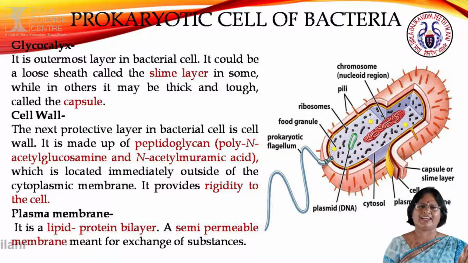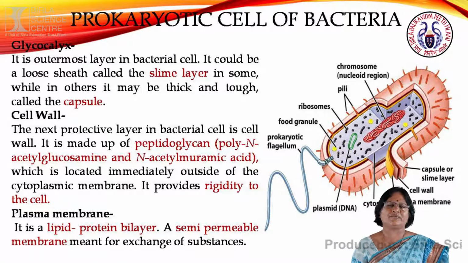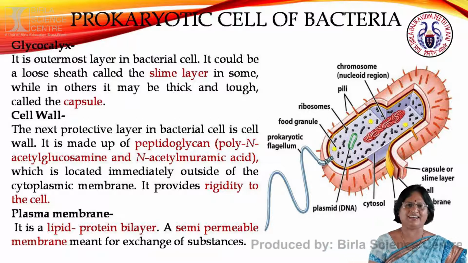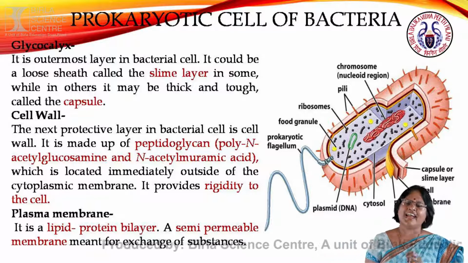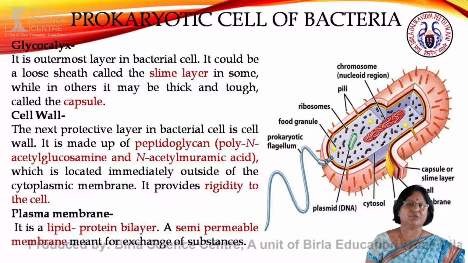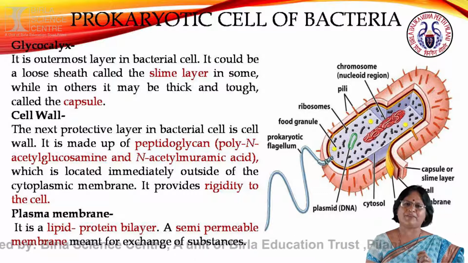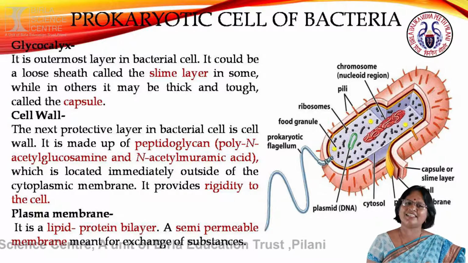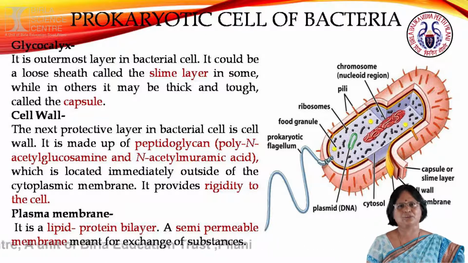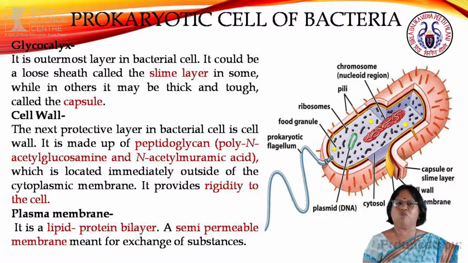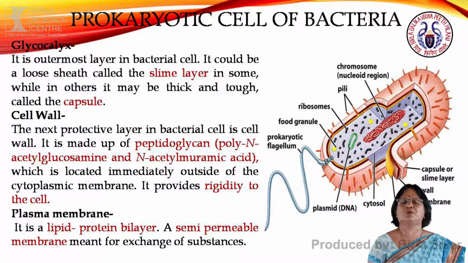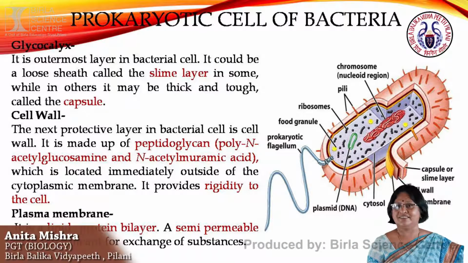So peptidoglycan are of 2 kinds which are found in the cell wall of a bacterial cell. One is N-acetylglucosamine and N-acetylmuramic acid. So the chemical nature of the peptidoglycan is that it has got N-acetylglucosamine and N-acetylmuramic acid, which are present in a regular sequence. And this cell wall is responsible to provide rigidity to the bacterial cell.